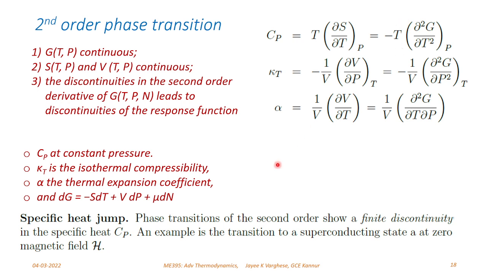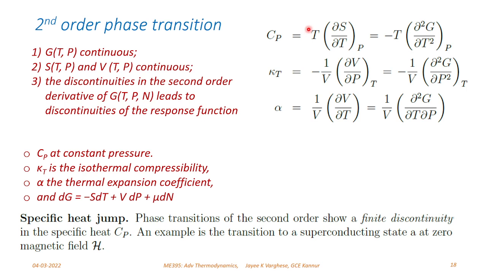An example of a second order phase transition can be found in superconductivity, when the material is cooled and comes near the superconductivity region. At that point, we can see that the specific heat, the conductivity, and many parameters change drastically.